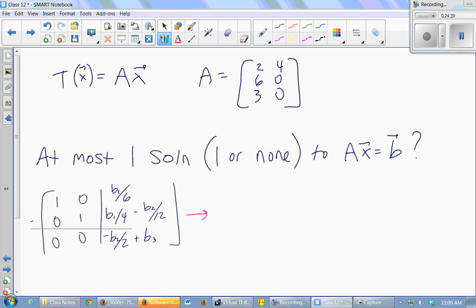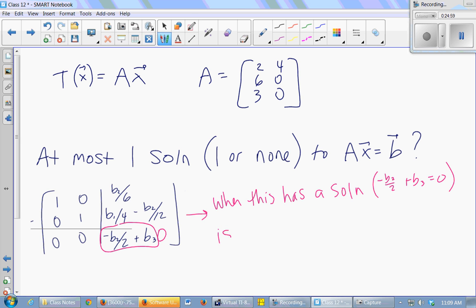Yeah, right. So just assume that this number actually is 0, right? So this has a solution, and that only happens if negative b2 over 2 plus b3 equals 0. So assuming this has a solution, is it unique?